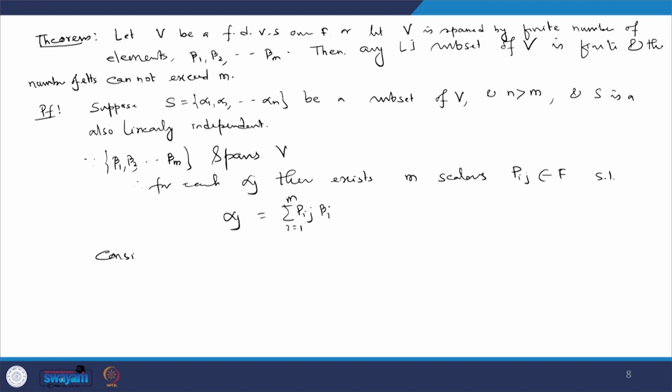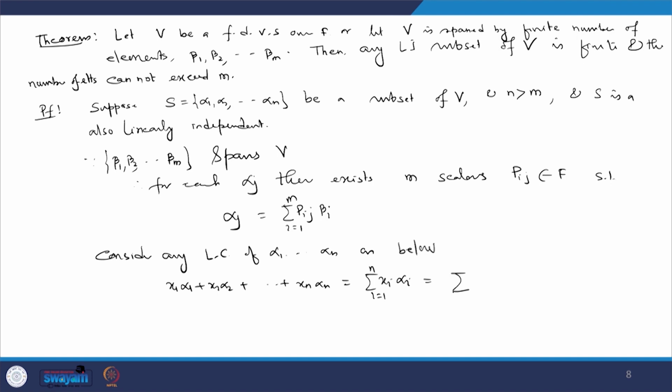Consider any linear combination of alpha 1 to alpha n as below, say x1 alpha 1 plus x2 alpha 2 plus ... plus xn alpha n. This is nothing but the sum of xj alpha j for j equal to 1 to n. For the sake of simplicity I write j equal to 1 to n.